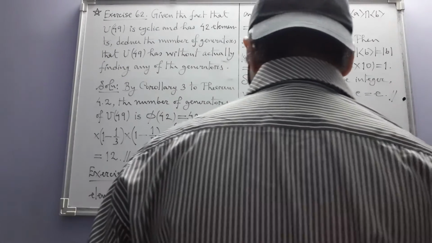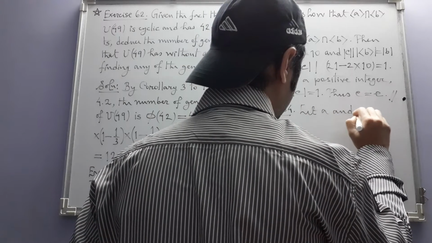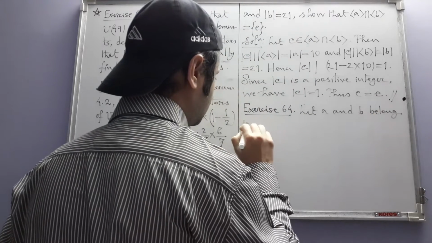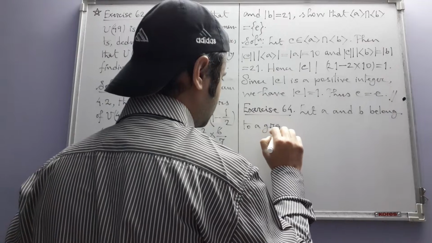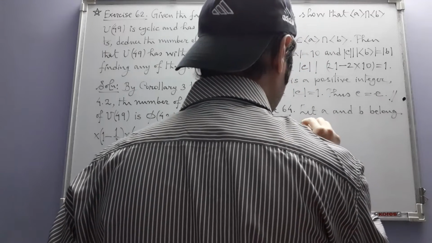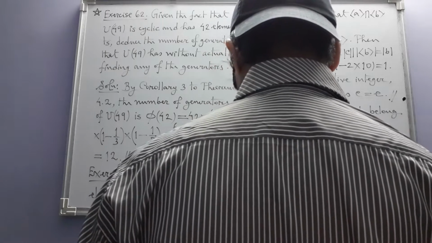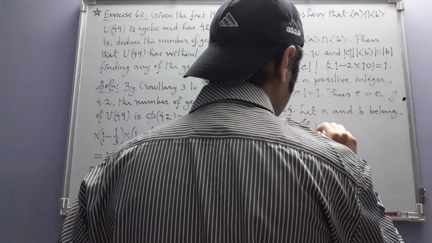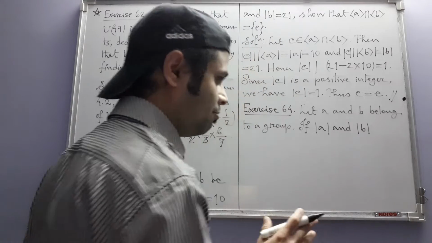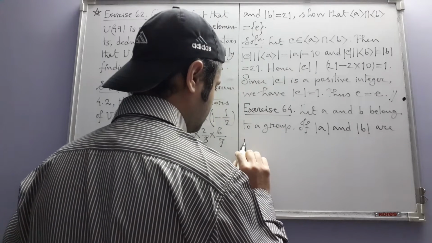(64). Let A and B belong to a group. If the order of A and the order of B, now they are not, no value is given, but it's given that they are relatively prime.